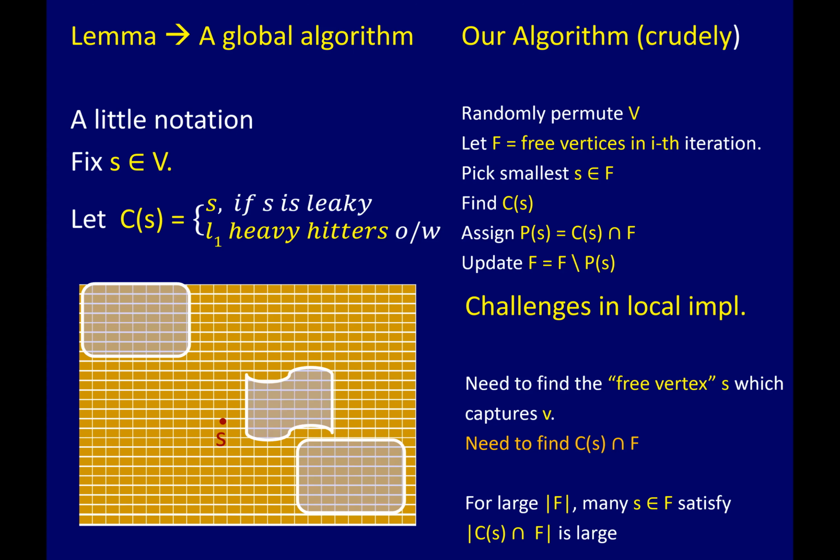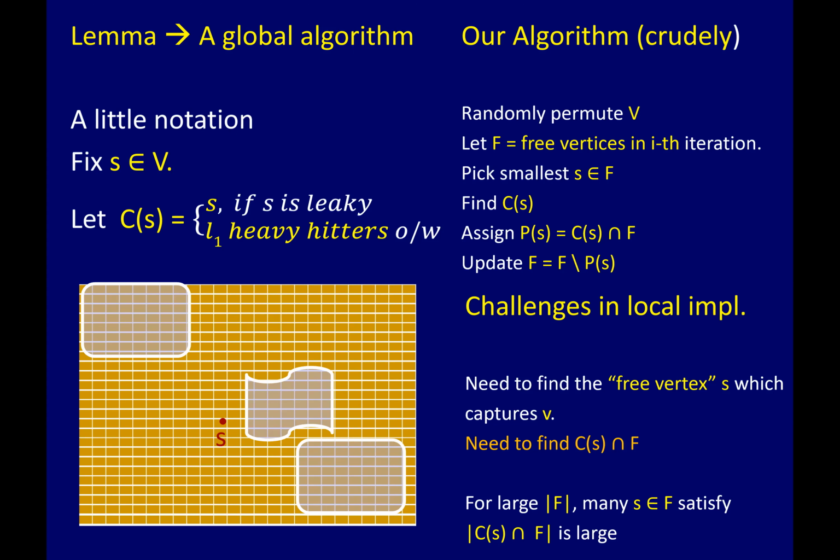So in order to find the vertex that captured V, you can just find the list of suspects: all the vertices that random walks of length L from V reach with good probability. Now you need to check if any of these vertices captured V. But it could very well happen that some of these potential captors for the vertex V were not free. You need to determine whether this vertex was free or not free.